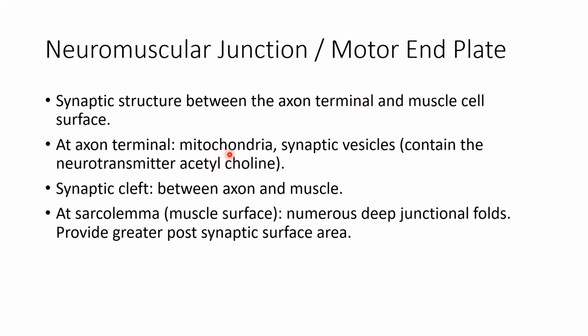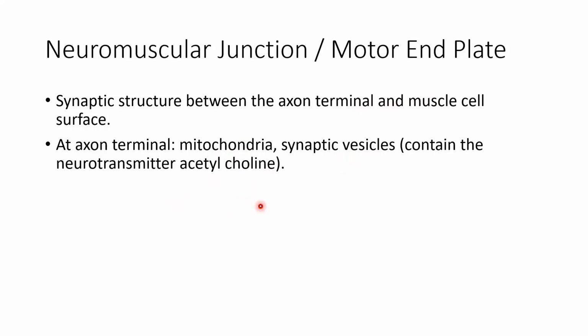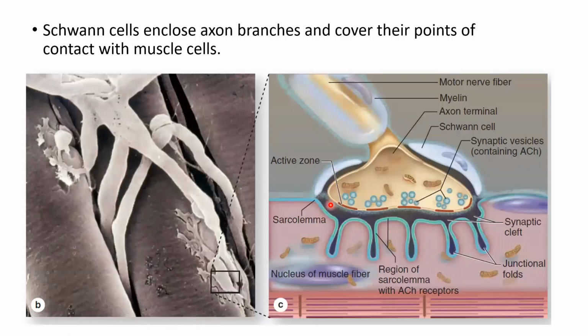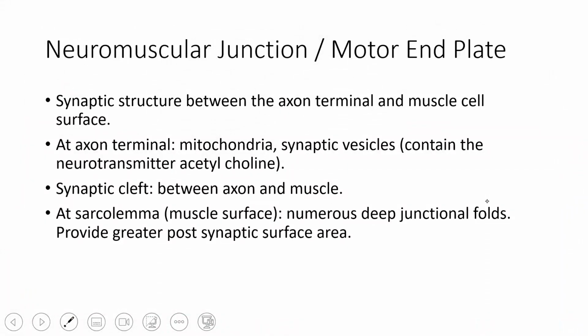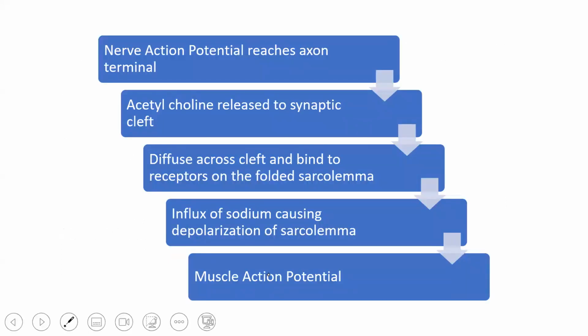You find a lot of mitochondria and synaptic vesicles filled with acetylcholine. And the small area between the axon and the muscle is called the synaptic cleft. And as you saw, there are numerous deep junctional folds, and this provides a greater postsynaptic surface area.